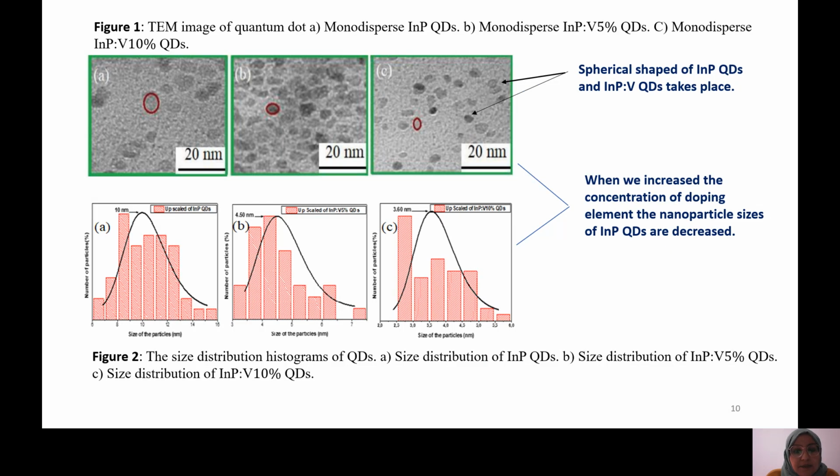According to the TEM image, we summarize that the quantum dot has a spherical shape, and when we increase the concentration of doping element, the nanoparticle size of InP quantum dot decreases.